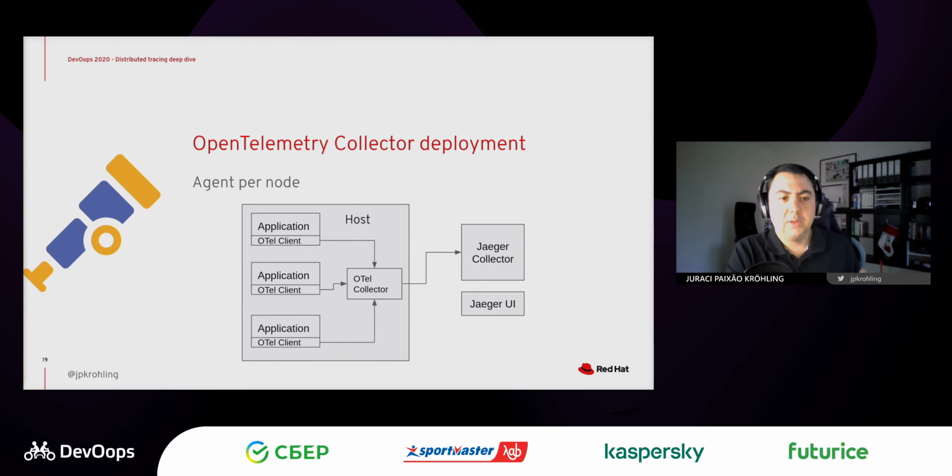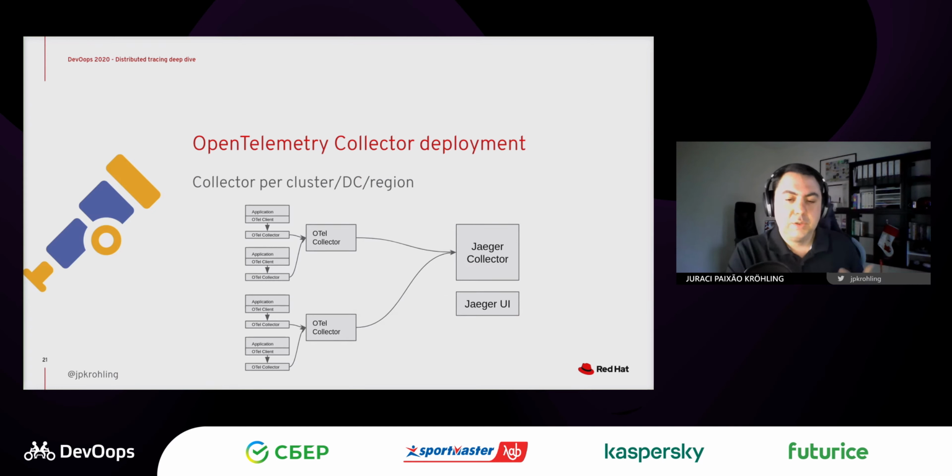Now, you might be wondering, why would I move from a Jaeger architecture to this one if they are the same? And the answer is that they don't actually have to look the same. This is one of the use cases you see here, one collector per cluster, DC, or region. This is one of the use cases that is very hard to accomplish with Jaeger.